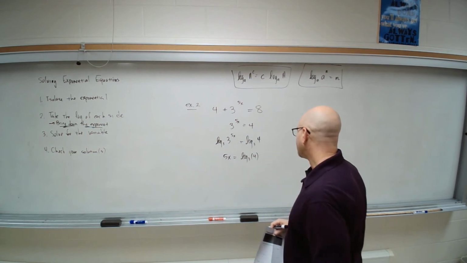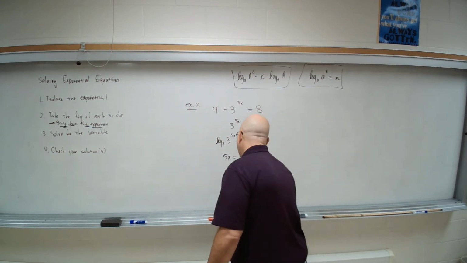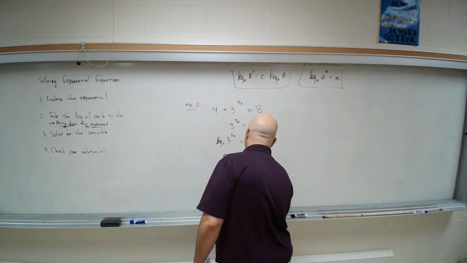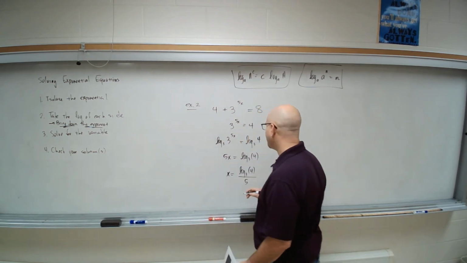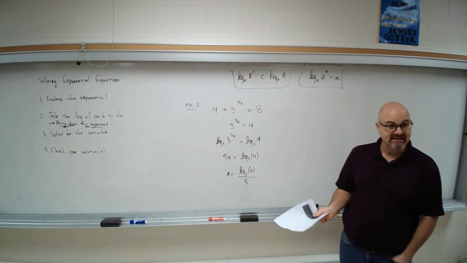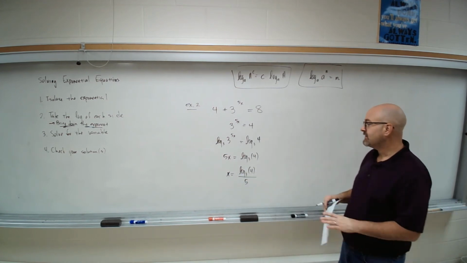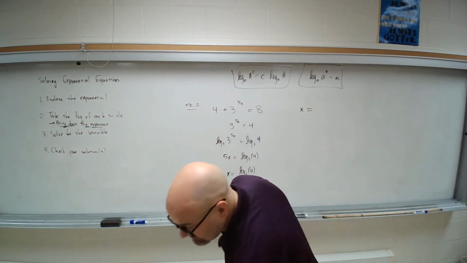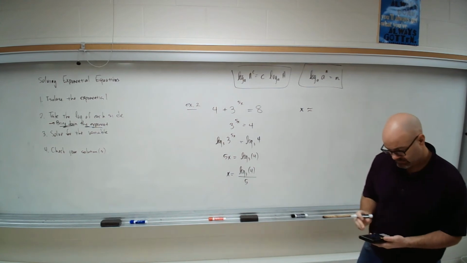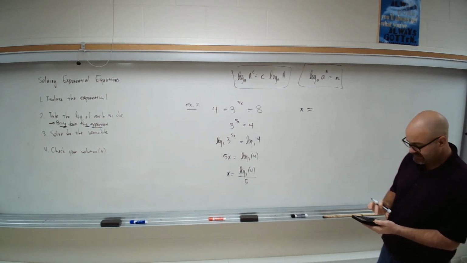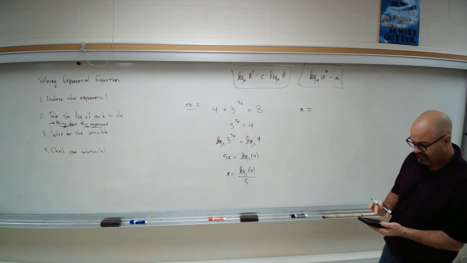Now, okay, so you could type log base 3 of 4 divided by 5 in your calculator. Or if you're actually asked for an exact answer, this would be the exact answer. So to do that, now I don't have the change of base formula, so we'll review what we can do instead of that.